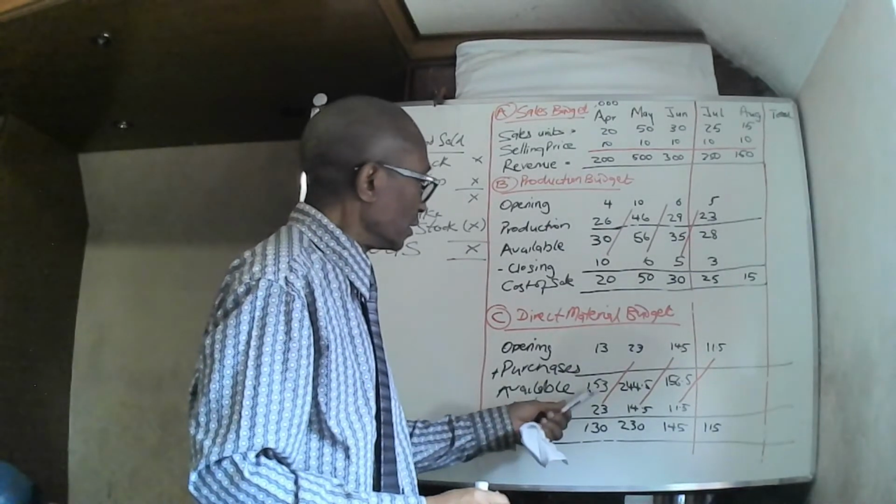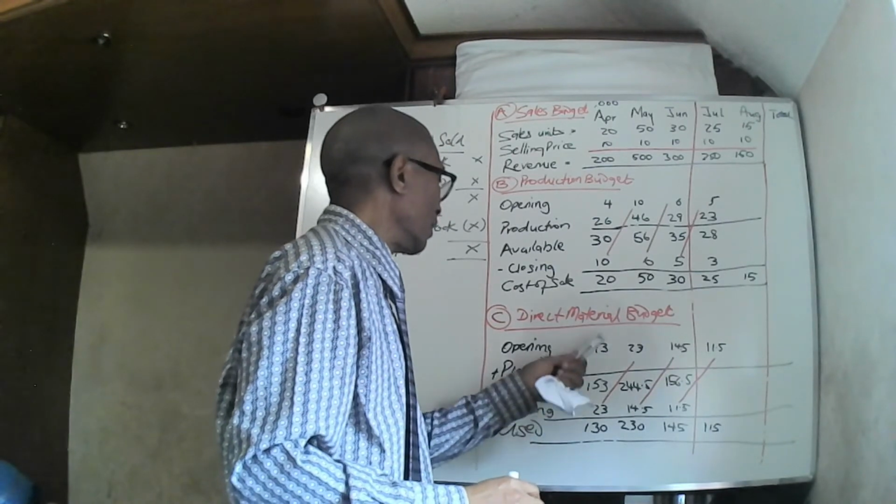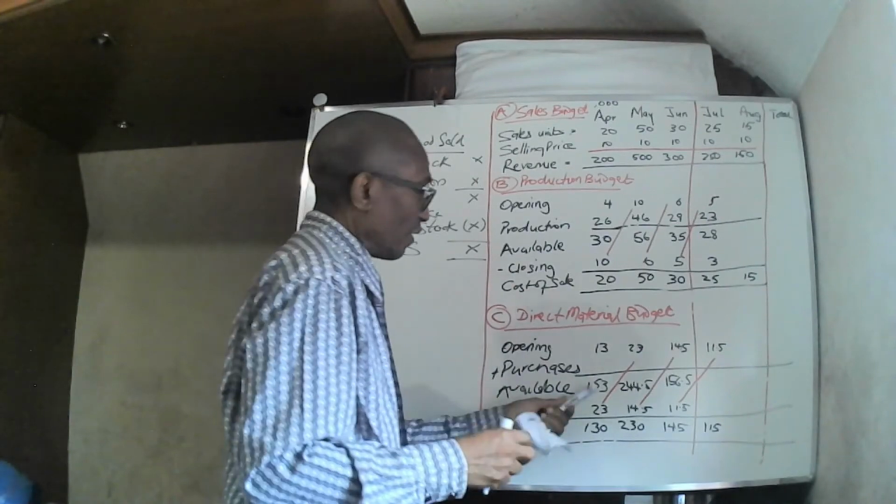Now that I know the total available, what did I purchase, in addition to the opening stock, to arrive at that?